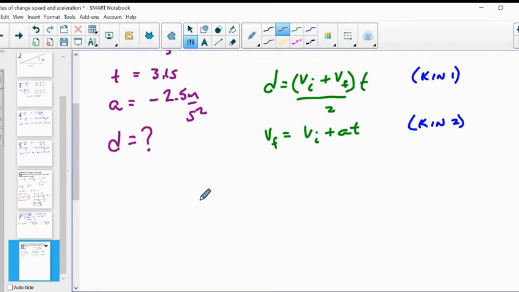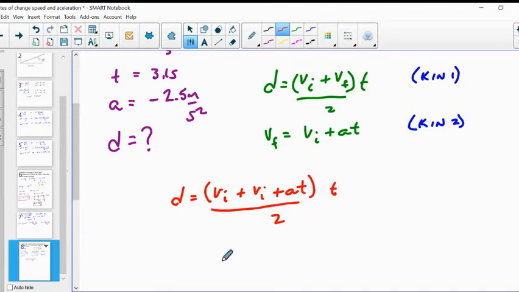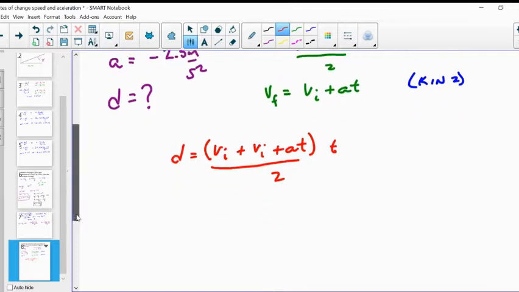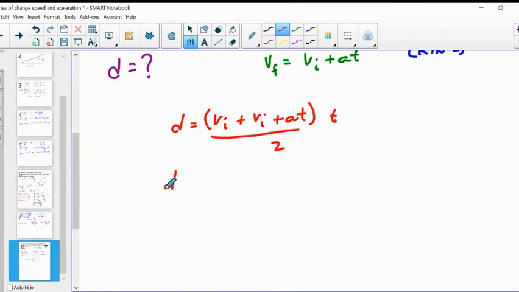So what I'm going to do is take my first kinematic equation. My distance is my initial velocity, and instead of putting my VF, I'm just going to put in what VF is from the second kinematic equation. That entire thing gets divided by 2 and multiplied by t. So we're going to combine some like terms here.